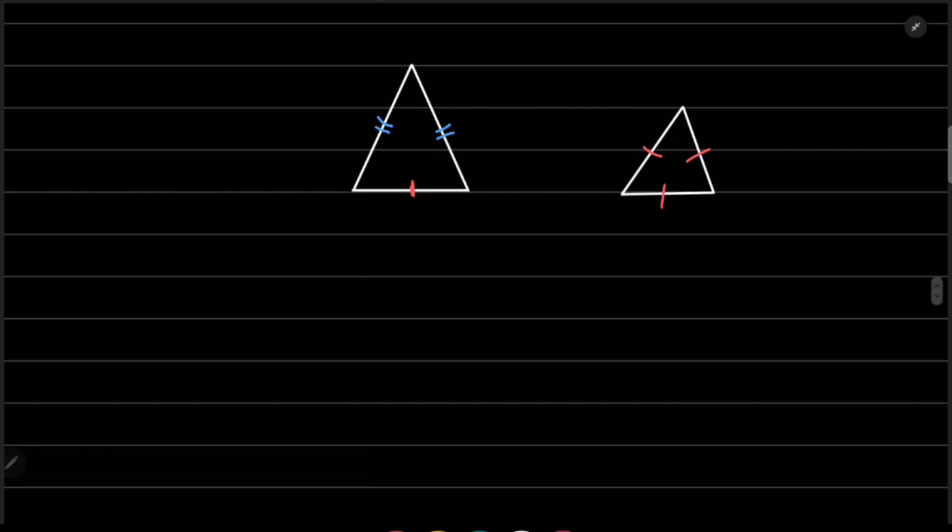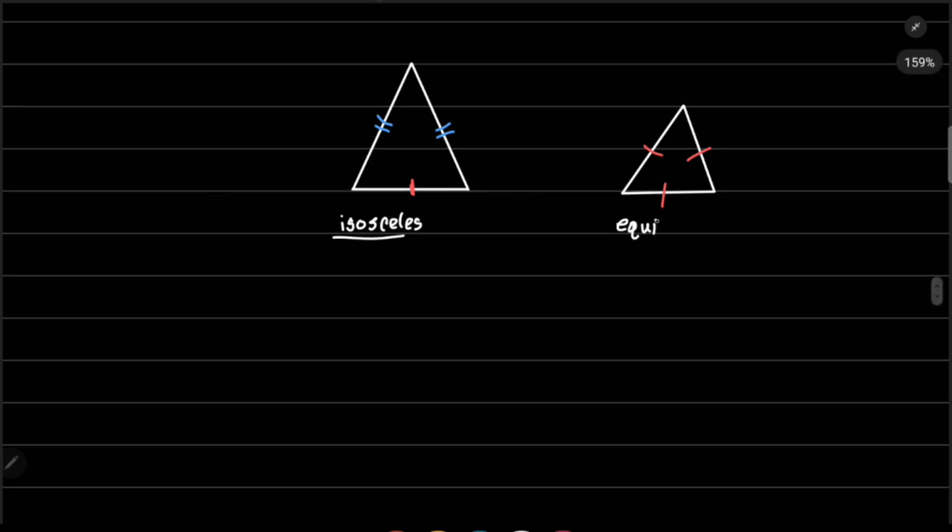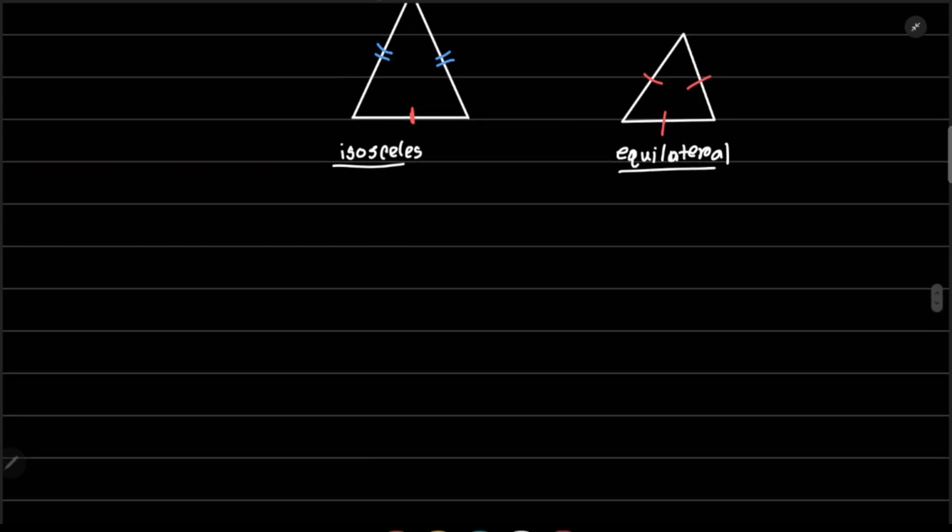And we might have to show that it's scalene as well. So this is isosceles, where two sides are equal. This is an equilateral triangle. And finally, we have a scalene triangle.